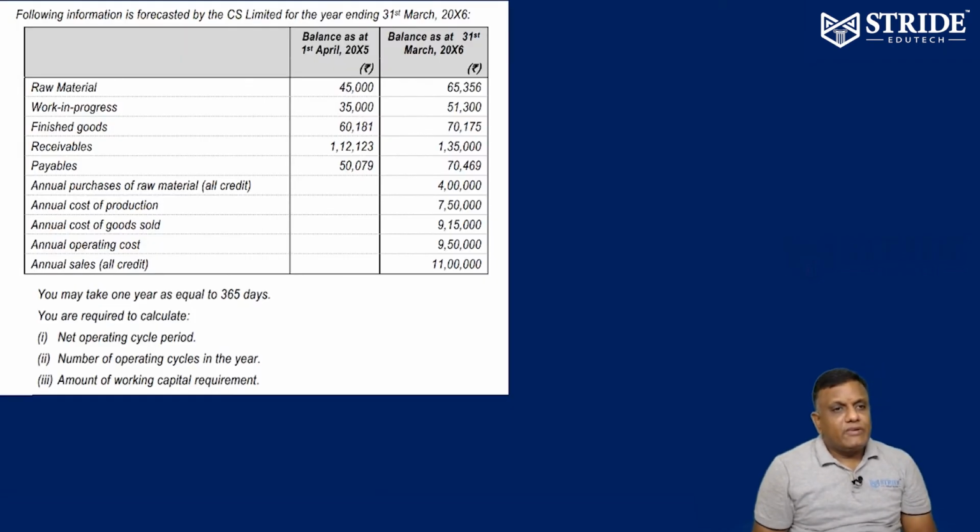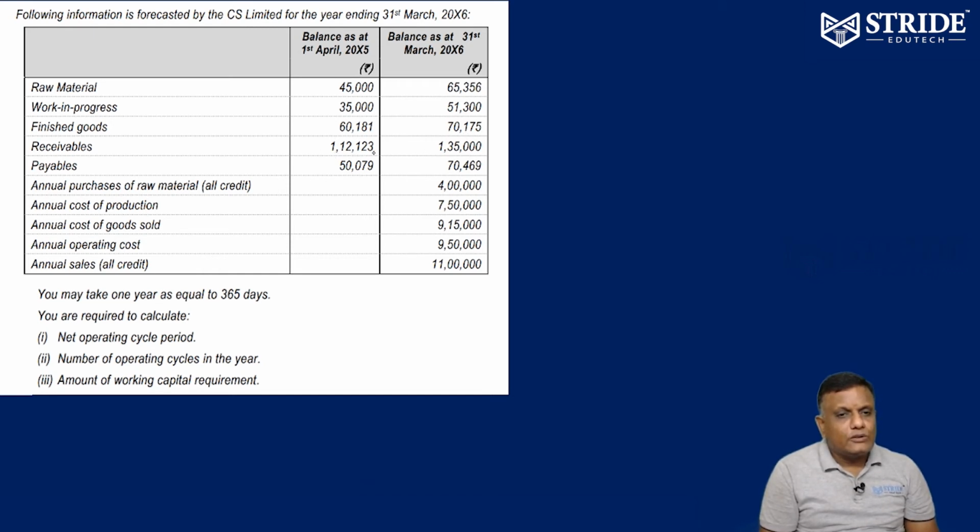Let's see. The following information is forecasted by CS Limited for the year ending 31st March 20x6. Balance as at 1st April 20x5 is opening, and balance as at 31st March 20x6 is closing. Raw material opening 45,000, closing 65,356. WIP opening 35,000, closing 51,300. Finished goods opening 60,181, closing 70,175.